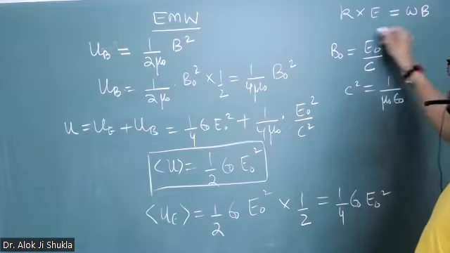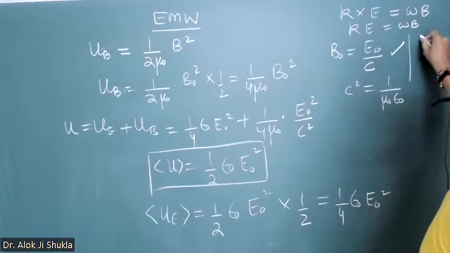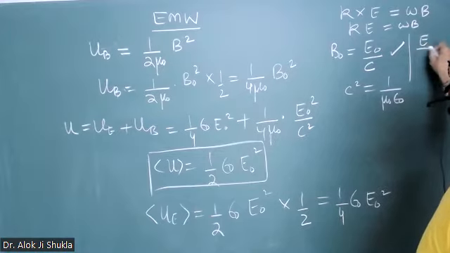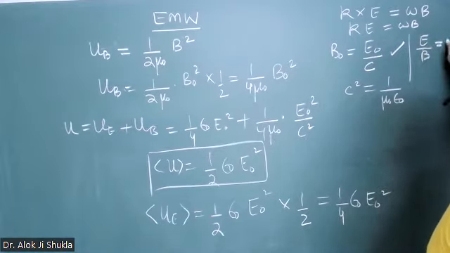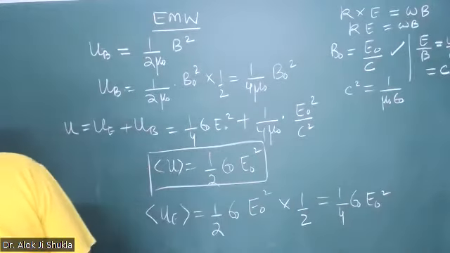Omega B. This was perpendicular, so KE will be equal to omega B. So E by B is equal to omega by K, which is equal to C. Is it okay?